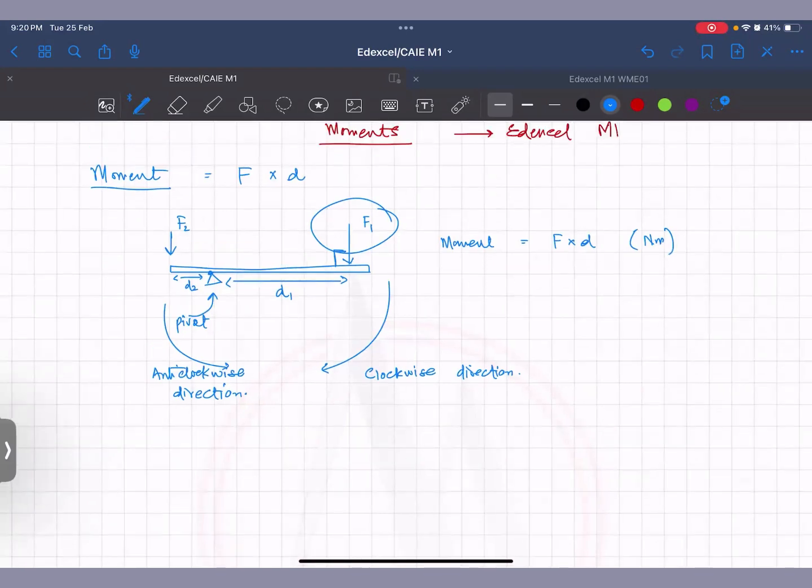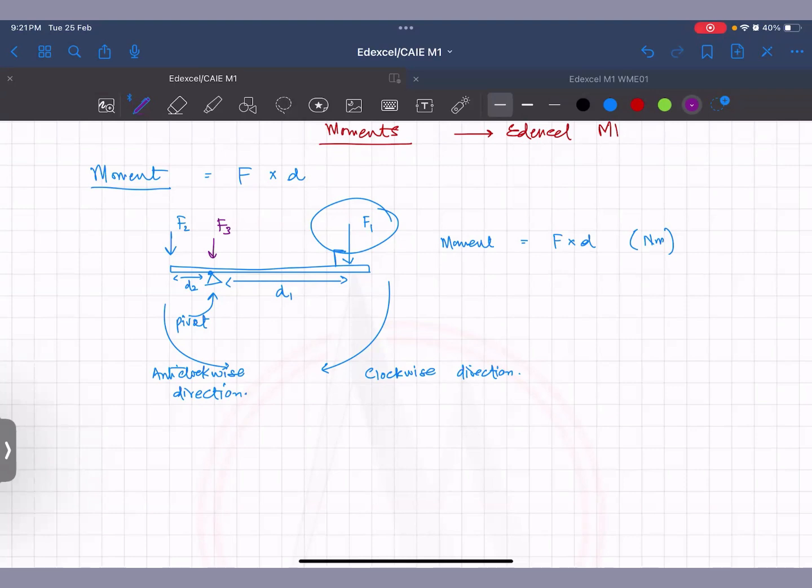And the distance would always be perpendicular to the line of action of force from the pivot. And there's one more thing, if there's any force which is being applied directly on the pivot, say F3, this means that there would be no perpendicular distance from the pivot. It is exactly on the same point, so the distance would be 0 and there would be no moment generated.